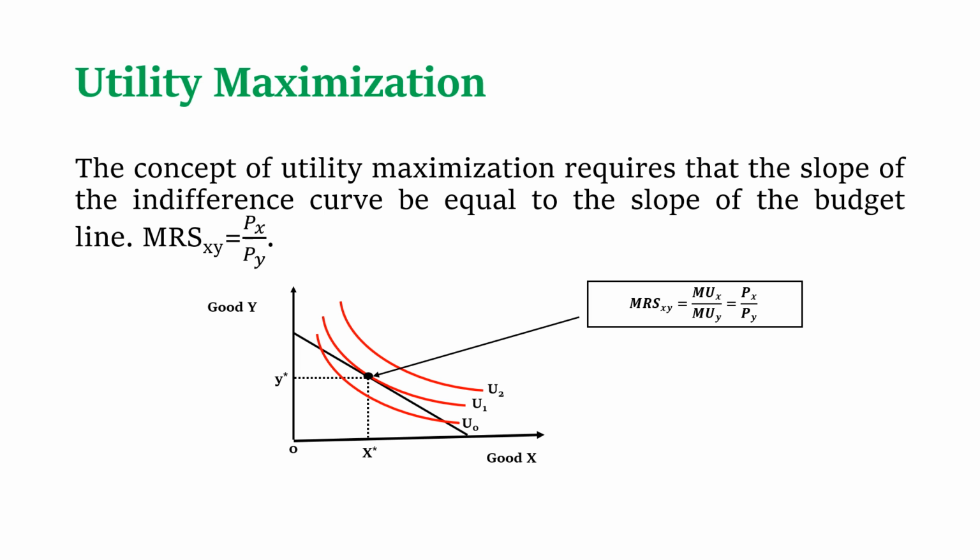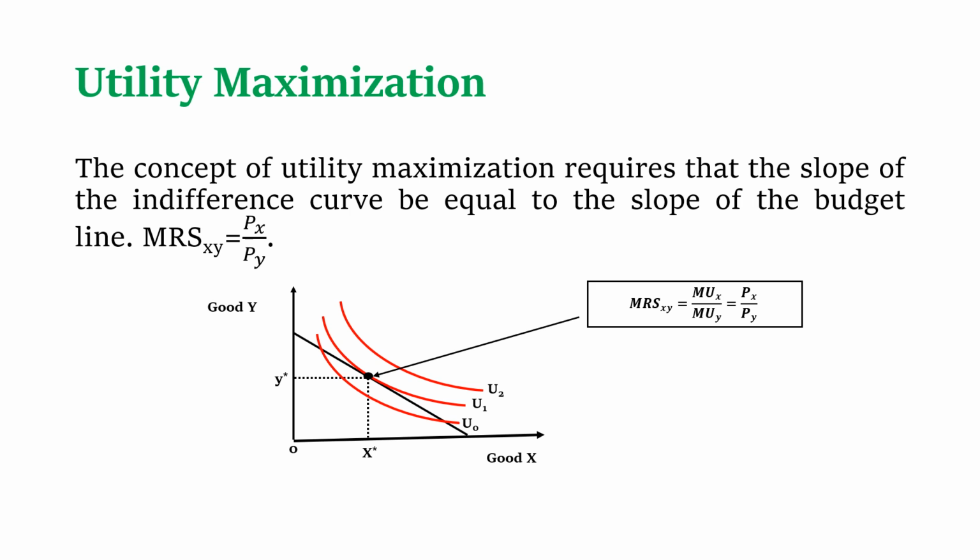Now let's move on. Now, we know the condition for optimality. When the consumer tries to maximize utility subject to the income constraint, the condition for optimality is at the point where the ratio of the marginal utilities of the two goods is equal to the relative prices.